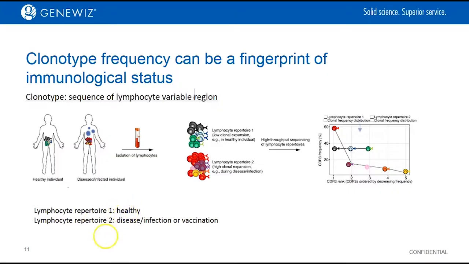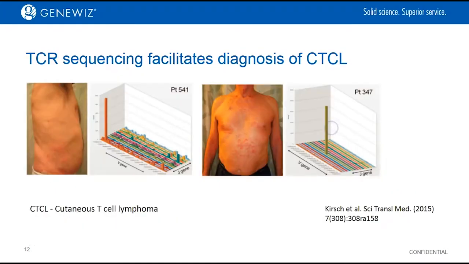For example, on this slide, you can see that lymphocyte repertoire 1 represents a uniform repertoire that most likely corresponds to a healthy individual. Lymphocyte repertoire 2 is dominated by red clones that most likely underwent a large expansion. And this means that this clone dominates the repertoire, which is the result of disease, infection, or vaccination.